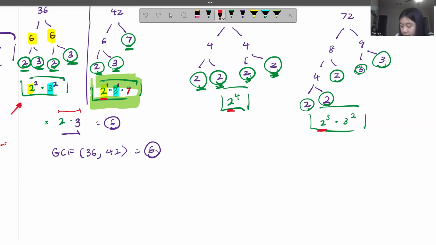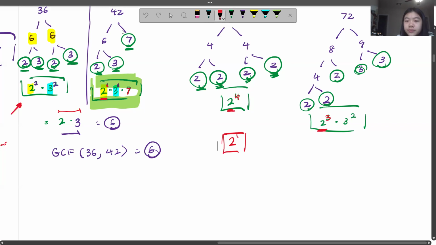Well, what's the highest power of 2 that they have in common? This is 2 to the power of 1, 2 to the power of 4, and 2 to the power of 3. However, the highest power of 2 they have in common is only 2 to the power of 1, or in other words, just 2.